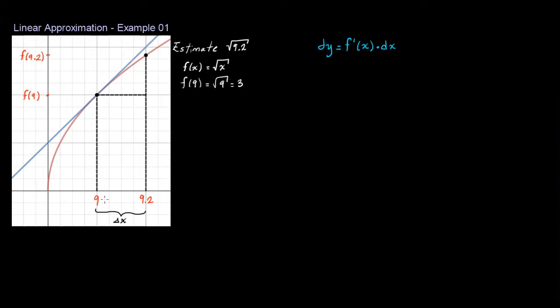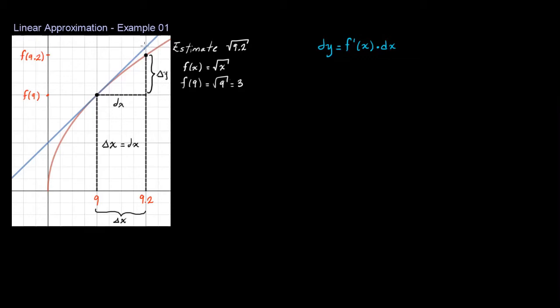Here, the difference between 9 and 9.2 would be the delta x. And here, delta x, in terms of the derivative, would be dx. We know delta x is equal to dx. However, this is the delta y.